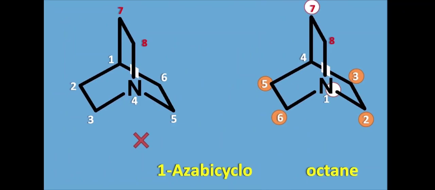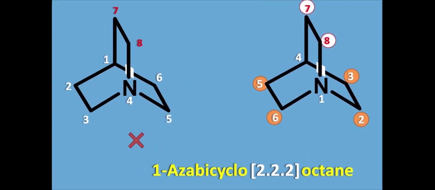The prefix for nitrogen is aza. Here nitrogen is present in the first position. So we can write it as 1-aza bicyclooctane.